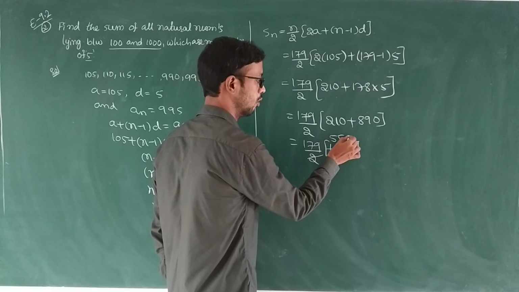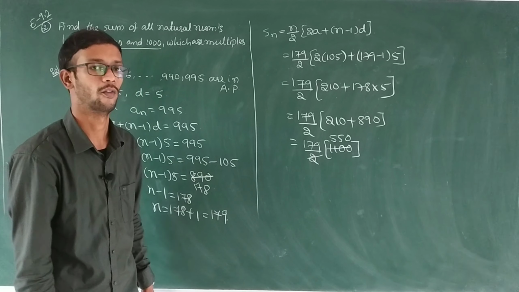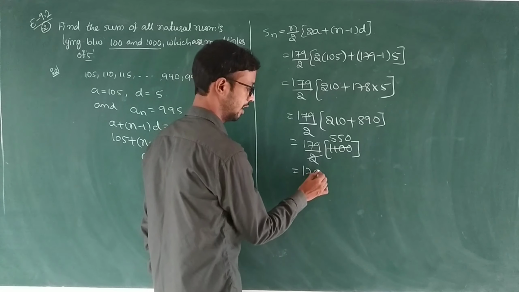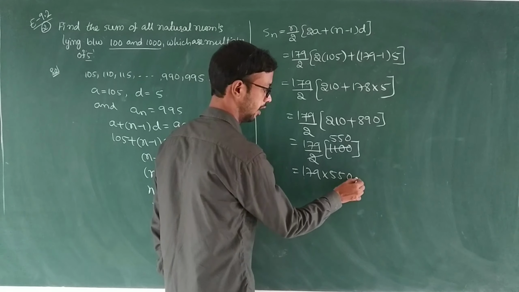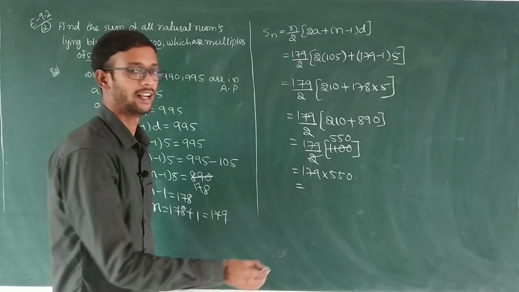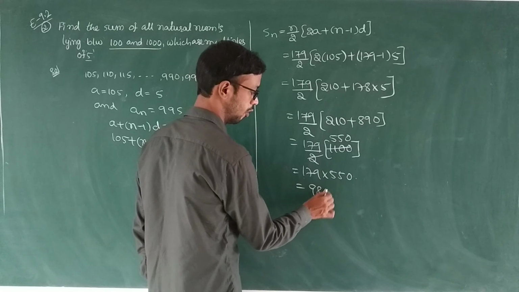Cancellation, 2 fives are 10, 550. 179 into 550 will become 98450.